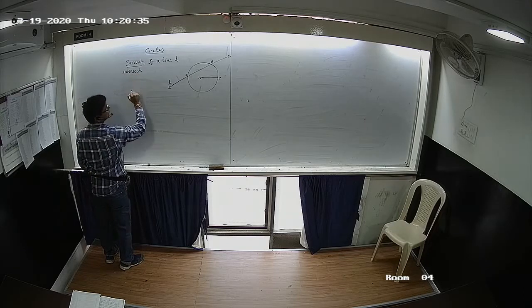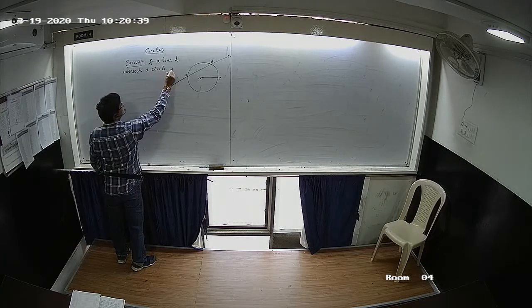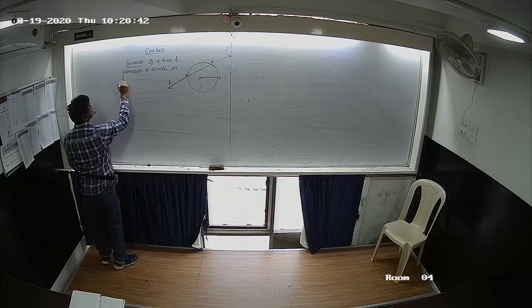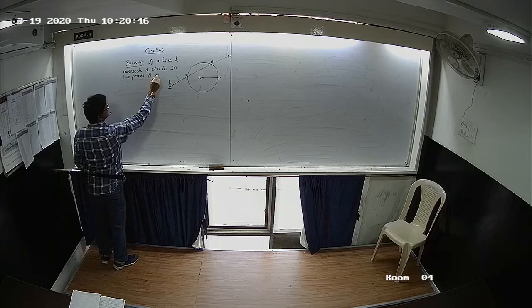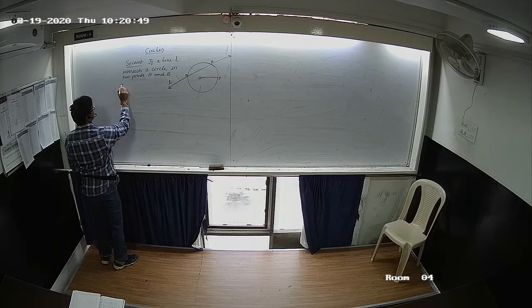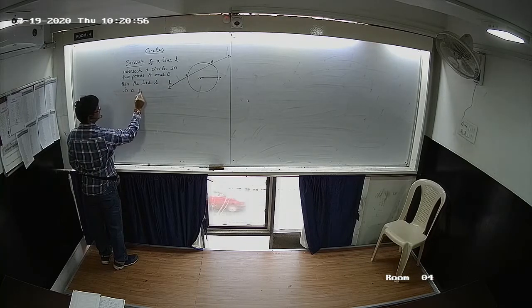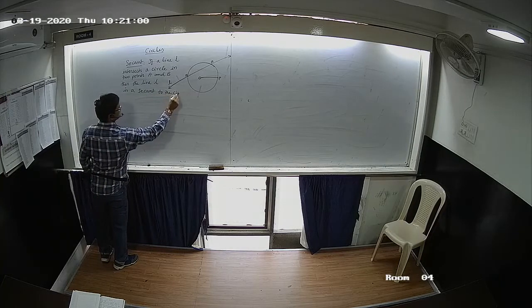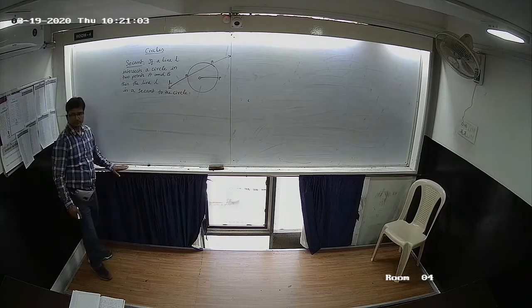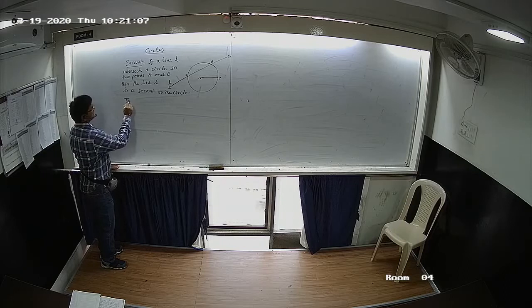If a line intersects the circle in 2 points, then the line is a secant to the circle. This secant becomes a tangent.